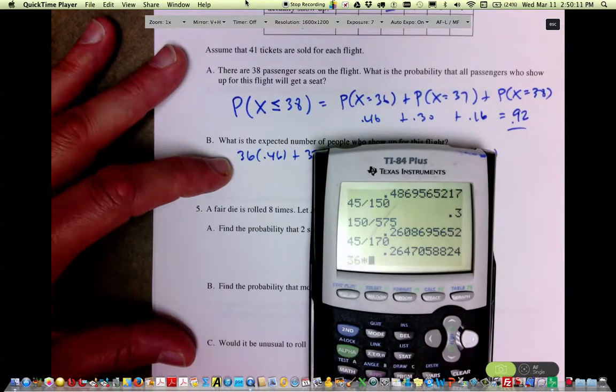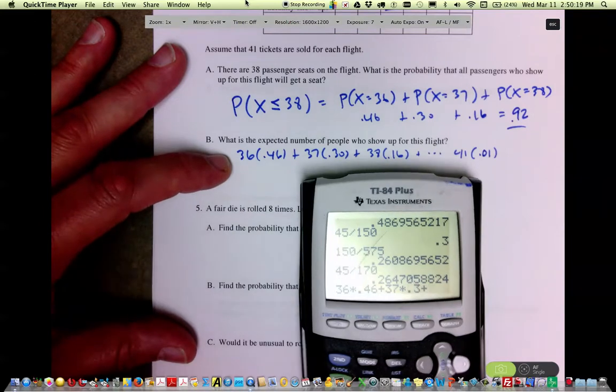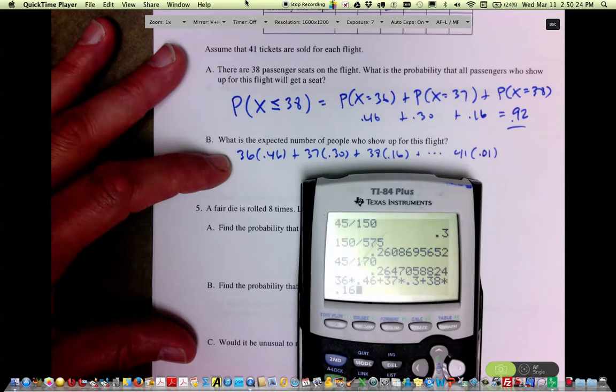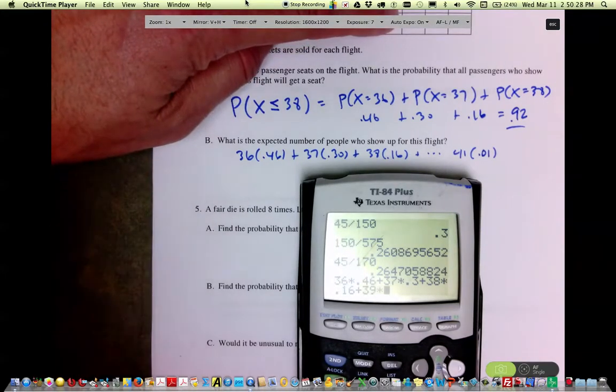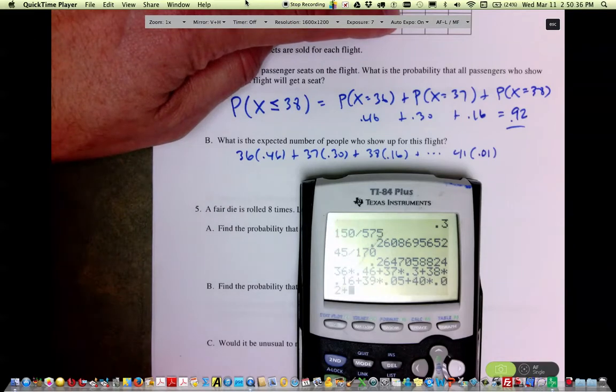So 36 times 0.46 plus 37 times 0.3 plus 38 times 0.16 plus 39 times 0.05 plus 40 times 0.02 plus 41 times 0.01.